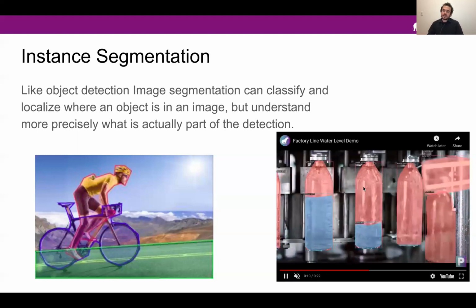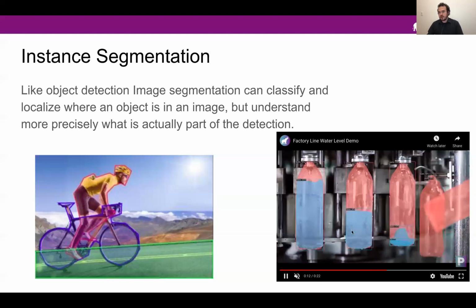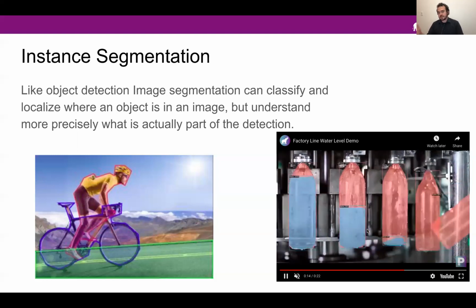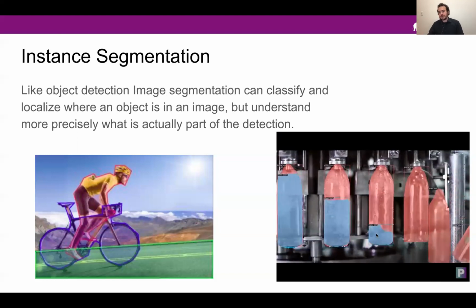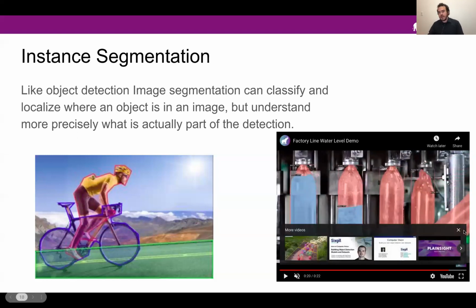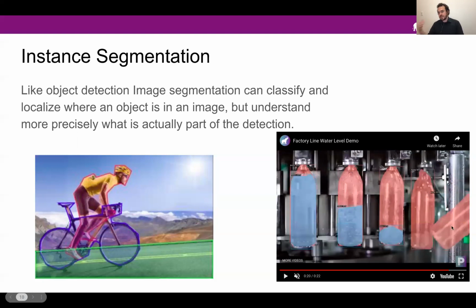So here we're detecting these bottles, and we're also detecting water, and we're doing it pixel by pixel, saying this is where the water is, this is where the bottle is. And a cool thing about that is, one, it can be more accurate than just an object detection model a lot of the time. It can be a little bit heavier to run. So you have to think about how you're deploying these models. Is it better to have something that's more accurate, or that's a little less fast?